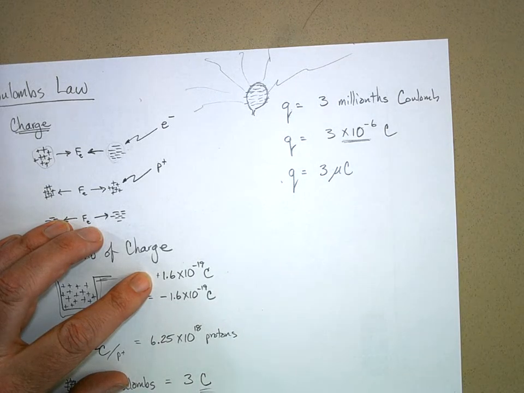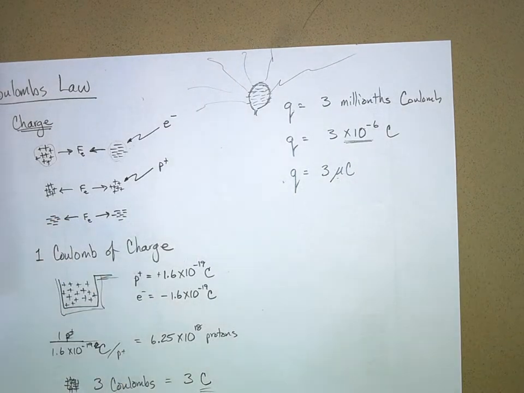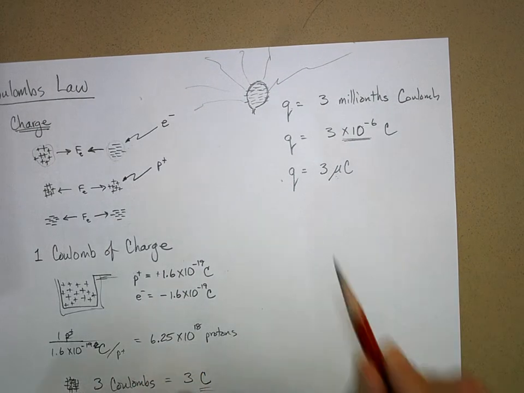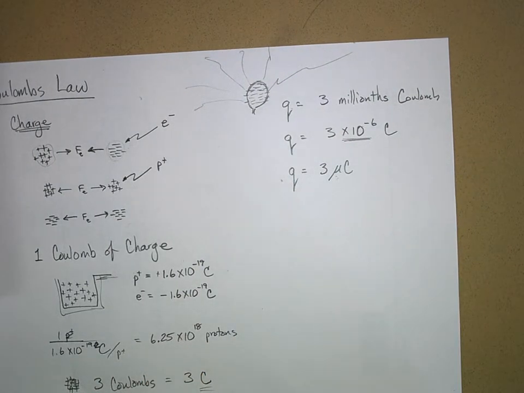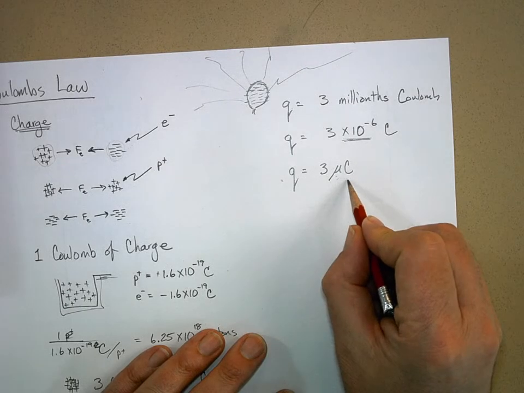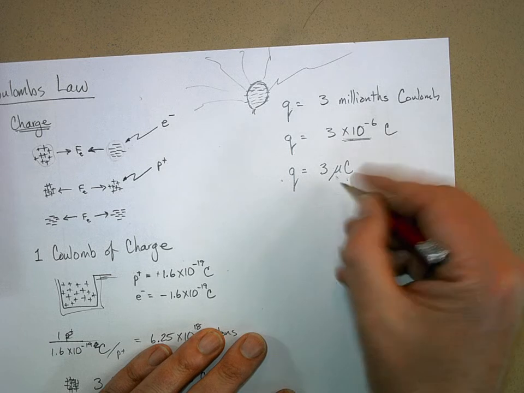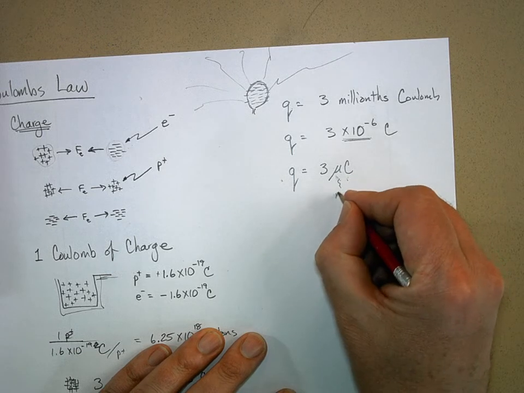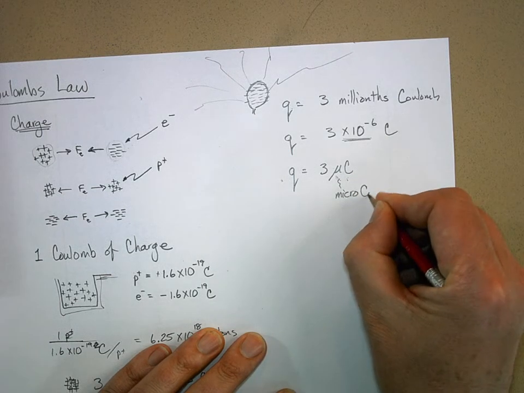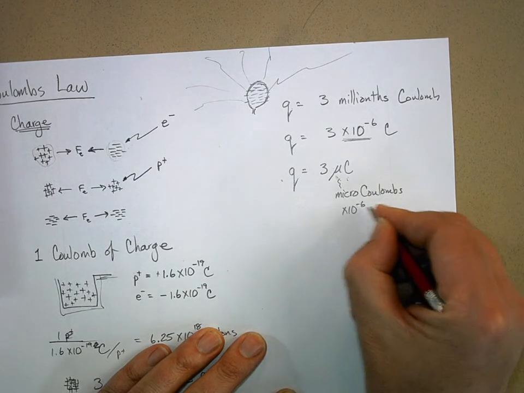microcoulombs. This is a mu. Now, what did we use mu for in the first semester? Coefficient of friction. But now we're going to use it as a metric prefix. It is one of the metric prefixes. And if you see this micro in front of a unit, or mu, this means microcoulombs, or times 10 to the negative 6 Coulombs.